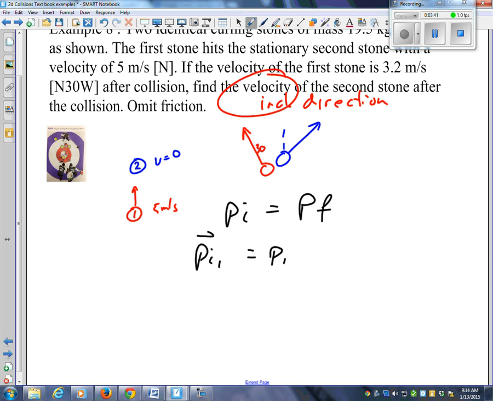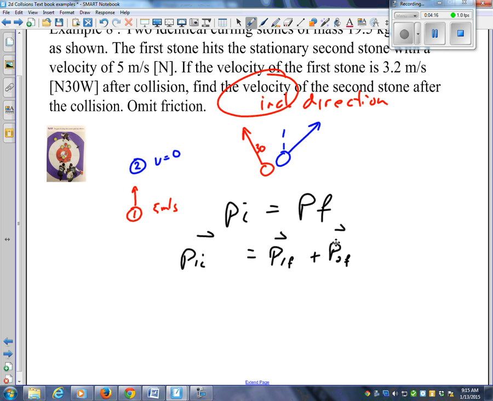Did you write that down already? Just to keep uniform with my notes here. This is P1I, and this is going to be P1F, and this is going to be P2F, and those are all vectors. So the initial momentum of rock 1 is equal to the final momentum of rock 1 plus the final momentum of rock 2 in vector format.